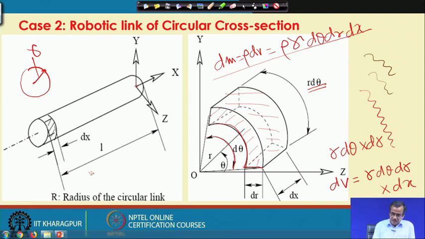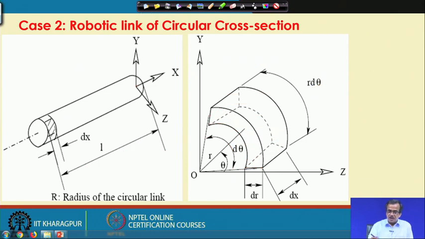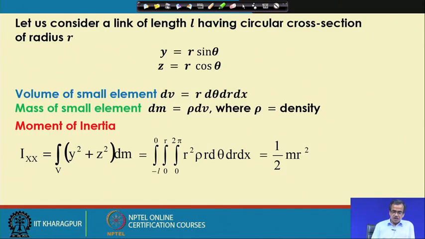Before that, let me write down that z is r cos theta, and y is r sin theta. Using these expressions, we can find the moment of inertia.